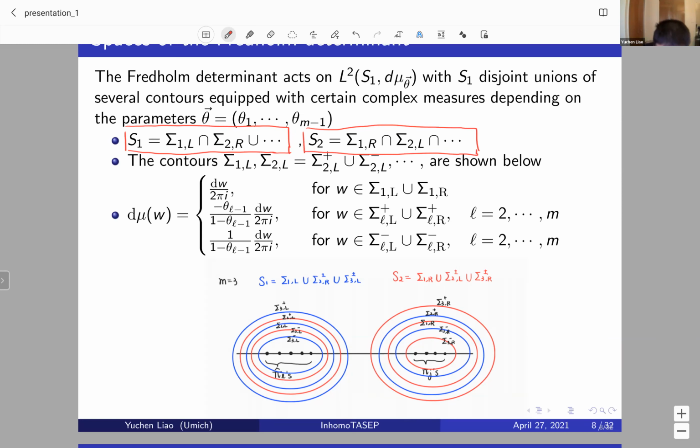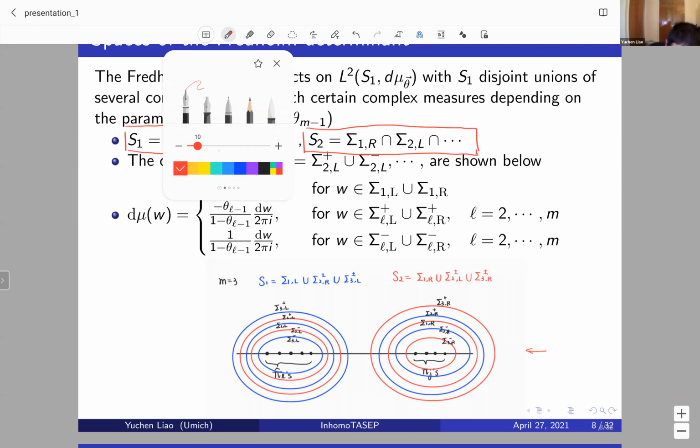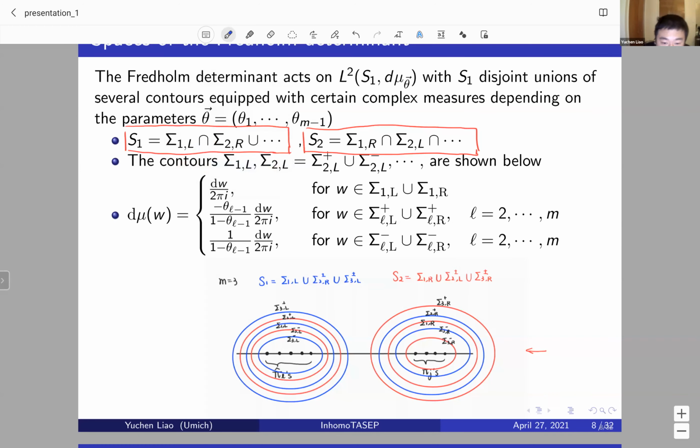Those contours are shown in this picture, where one has two sets of contours, nested in the following way. Because I have two sets of parameters, pi j and pi l hat, and this should be negative of pi l hat, another typo. I'm assuming that their sum is positive so that the radius is not going to be a negative number.